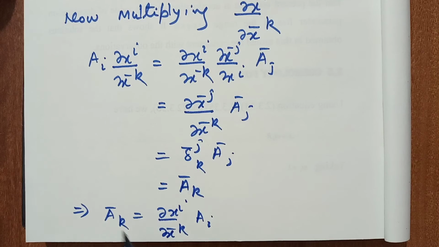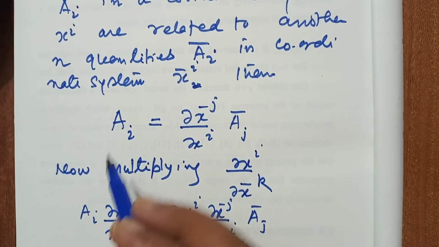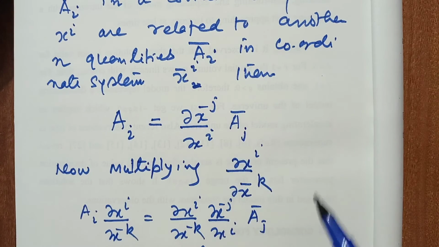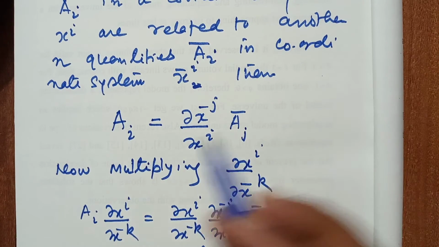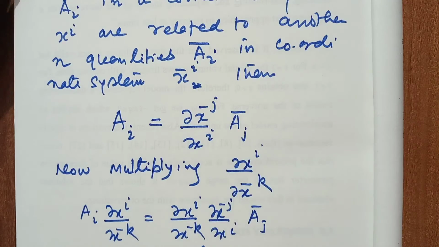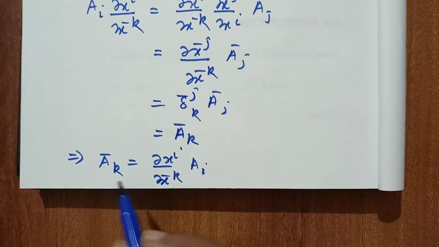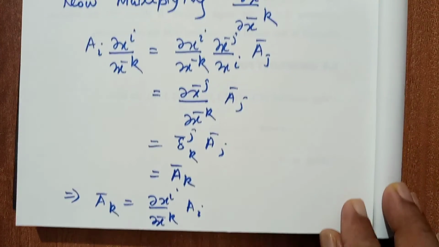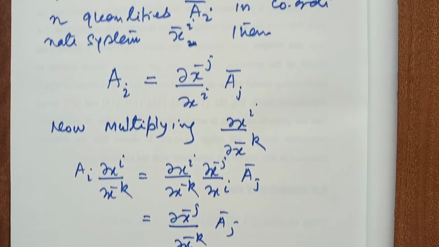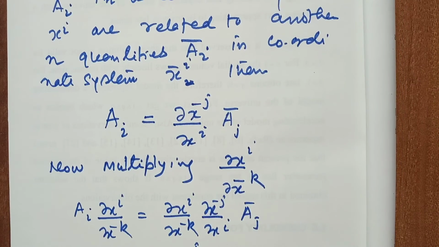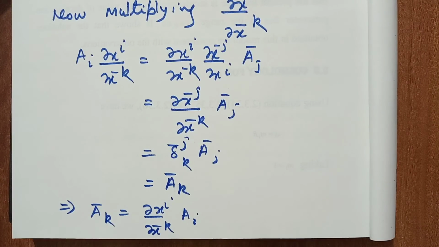So here bar to non-bar, and here we have defined non-bar to bar, means if you want to transfer from Vn to Vn bar or Vn bar to Vn. So this is the definition of covariant vector or covariant tensor of rank 1. Okay, so this is the definition.